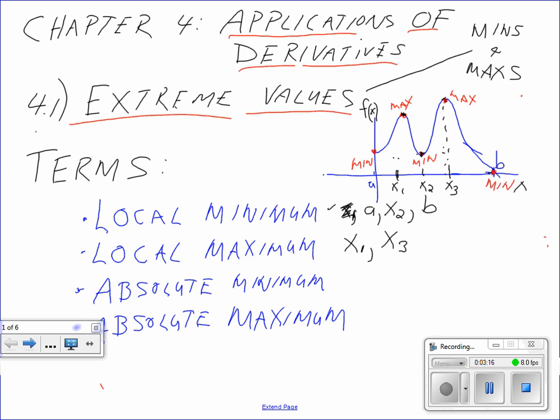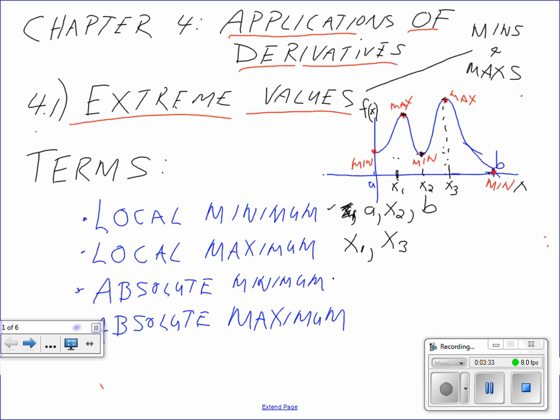They might use the term absolute. We might ask the question, what's the absolute lowest this function can take on over this domain? The absolute minimum is basically you look at all the local minimums and pick the lowest.